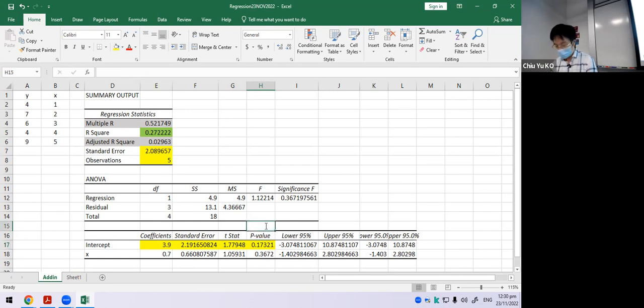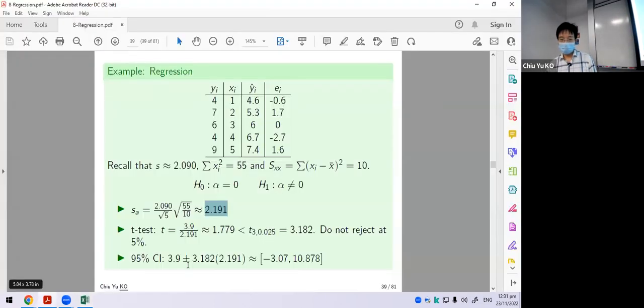In case you don't, it will be 2 times 1 minus T dist of this value, with degree of freedom 5 minus 2, which is 3, and true. So you can see how I get this formula here. And these two are the interval, which will be the same as you would see in our slides here.